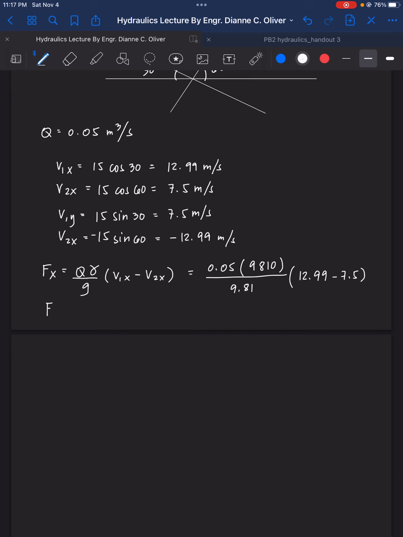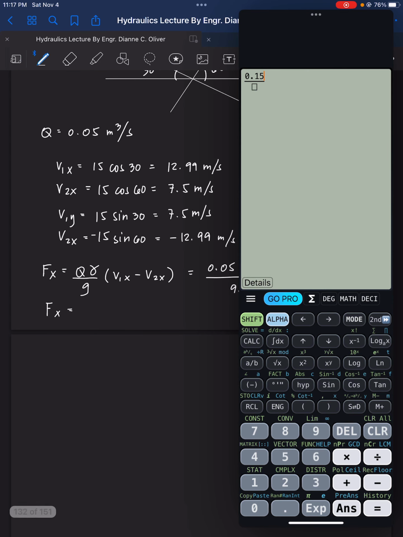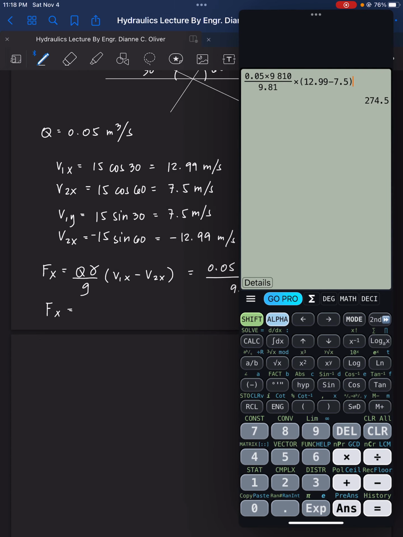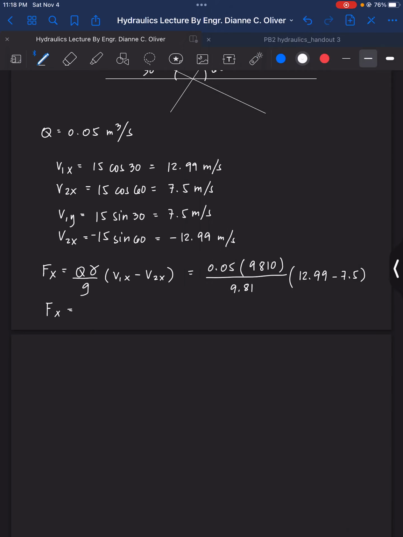So what is Fx? 0.05 times 9810 over 9.81 times 12.99 minus 7.5. So we have 274.5 Newton. 274.5 Newton, and the direction there is to the right.